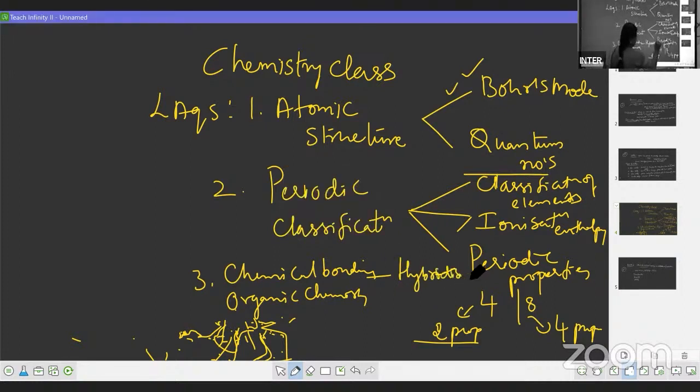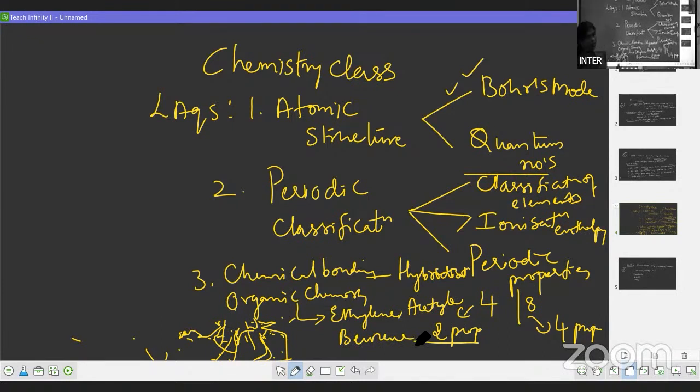But coming to organic chemistry, you have preparation of ethylene, preparation of acetylene, and preparation of benzene. So 3 preparations with chemical properties are there.